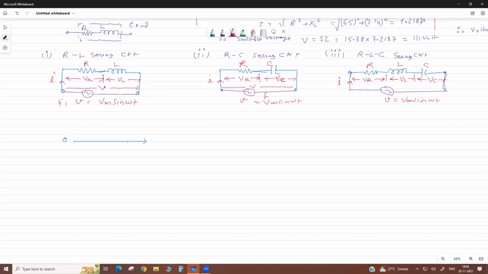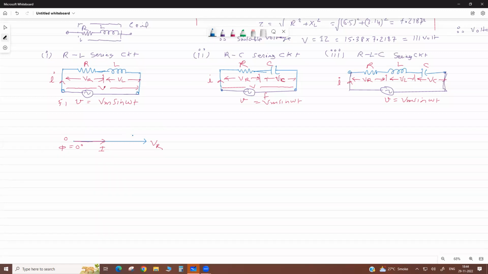Due to this current, the drop in resistance is in phase with the current. It means the phase difference is 0 degree here.